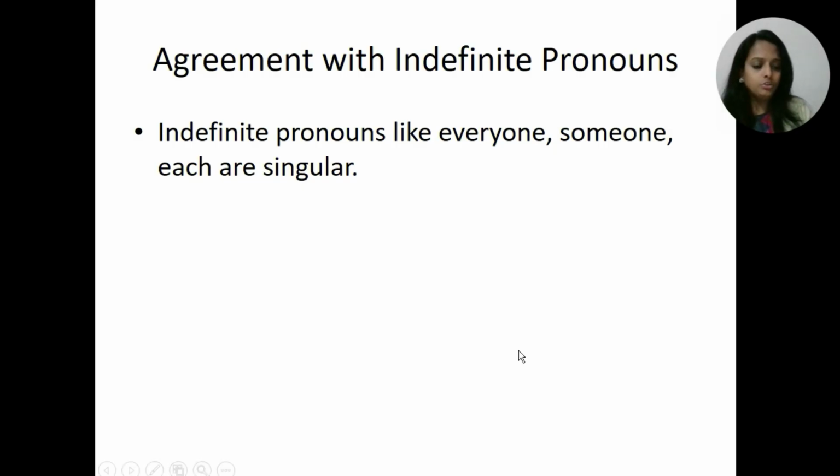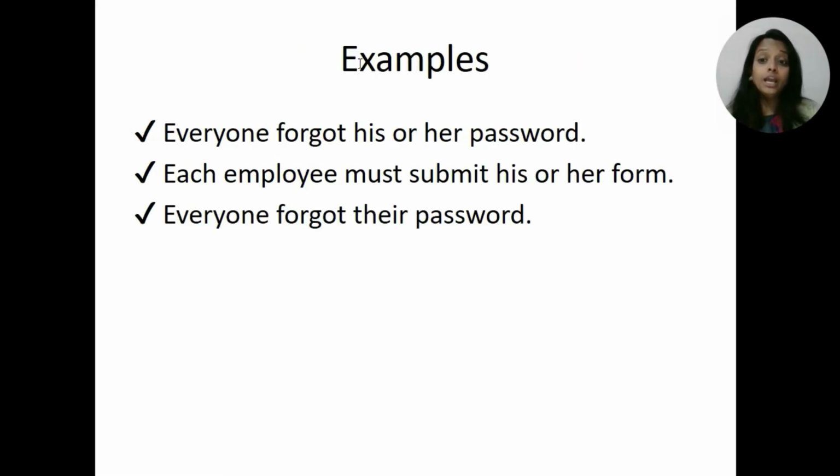Okay. Let me give you some examples here. Everyone forgot his or her password. See, everyone, here his or her. Each employee must submit his or her form. So here again, each employee. In modern English nowadays, we accept "their." It is often accepted.